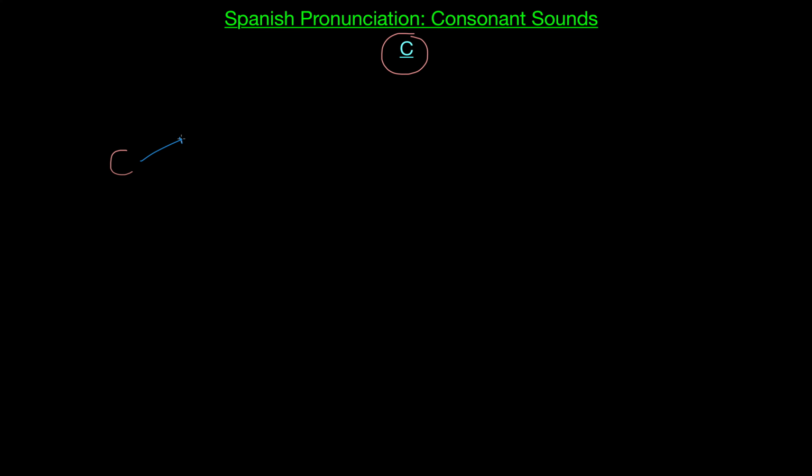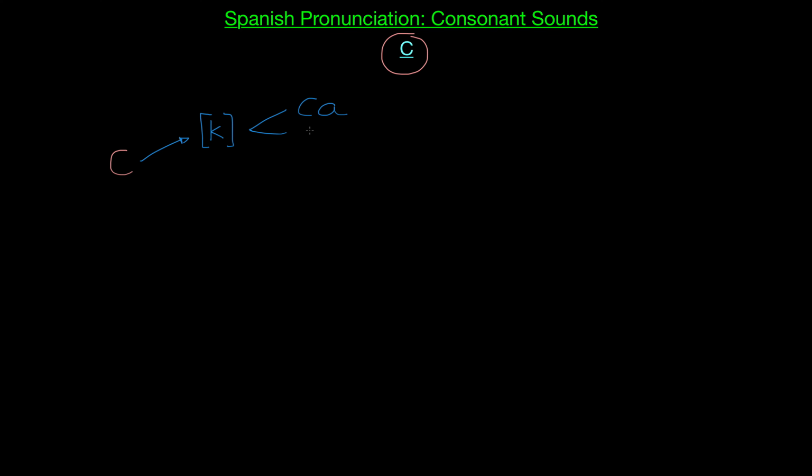One possible pronunciation is k, okay? K. So a bit similar to a K, yeah? When am I going to pronounce this letter as k? In three cases. When this C is before an A, this will be ka.